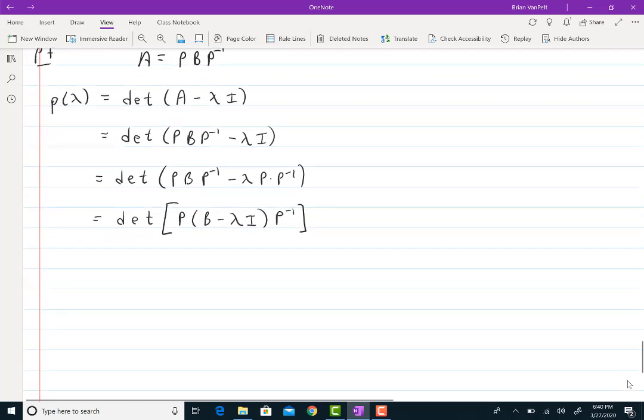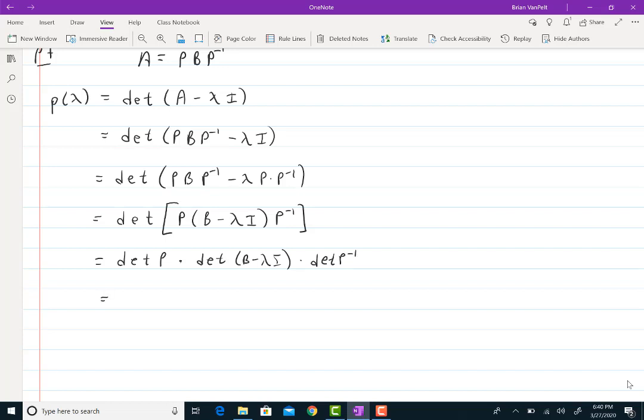And then one of the properties of determinants that has long ago been proven is I can break this up into the determinant of P times the determinant of B minus lambda I times the determinant of P inverse.